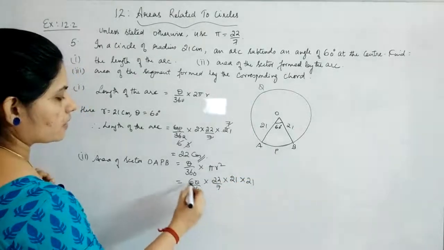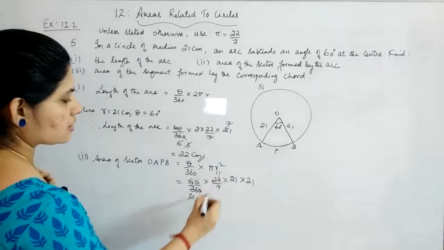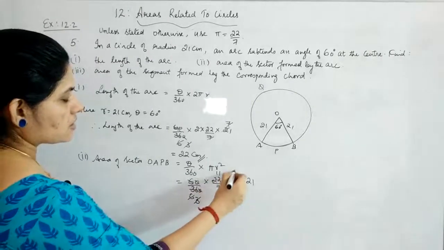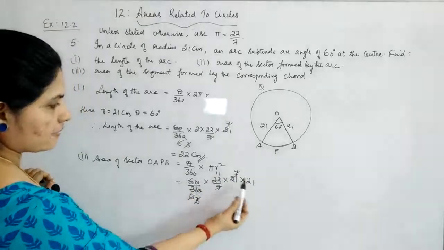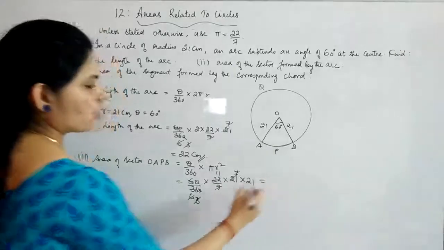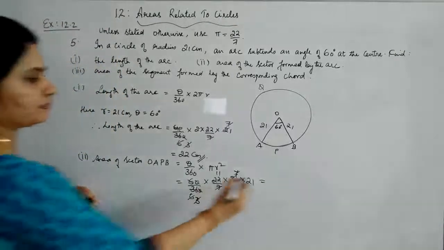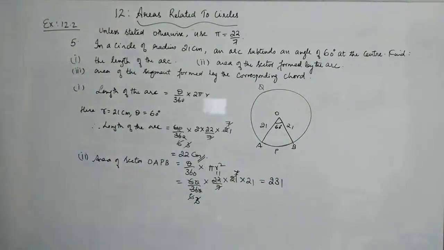Okay. So here again it is 6. Now you can just cancel this. This is 11. This is 3. 7, 7 gets cancelled. You are getting 11 into 21. And 11 into 21 will give you 231 centimeter squares.